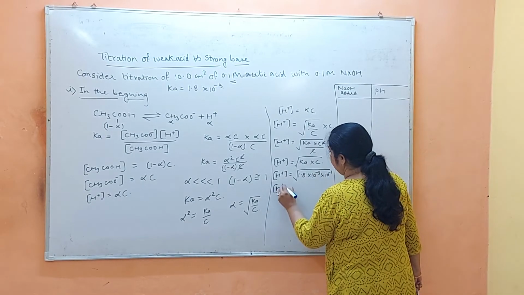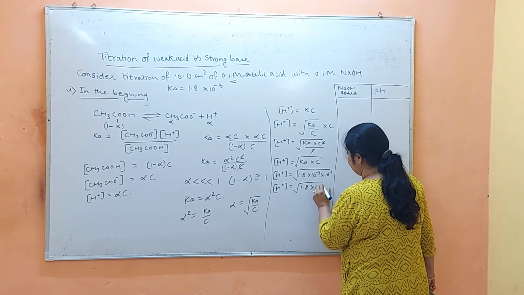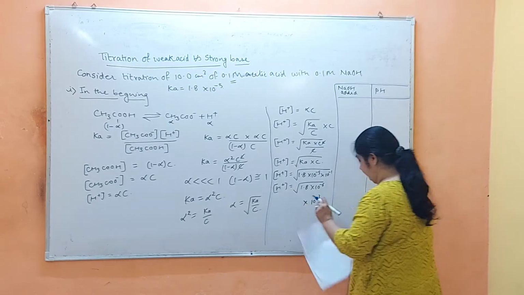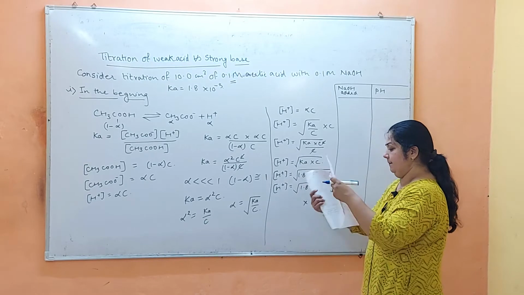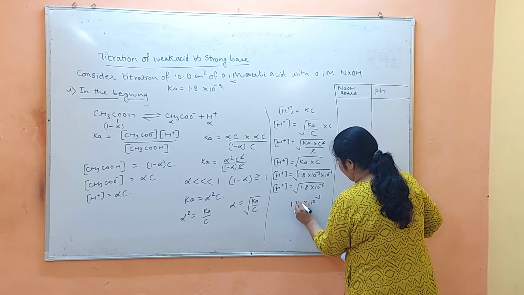So H plus will be equal to under root of 1.8 into 10 raised to minus 6. So we can take it out directly, and under root of 1.8 we need to see, which is equal to 1.342.